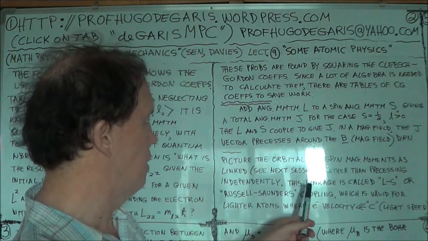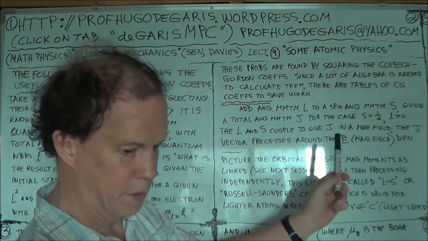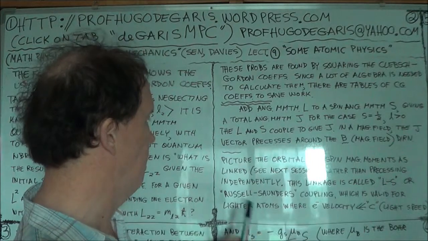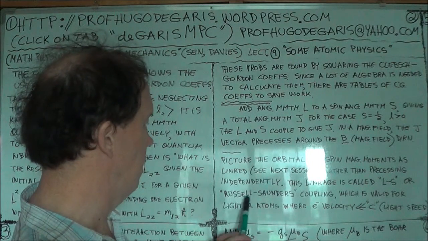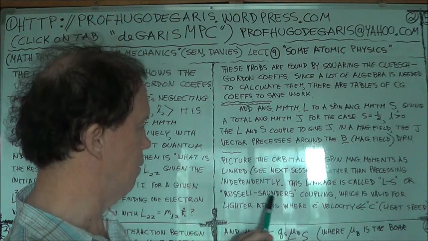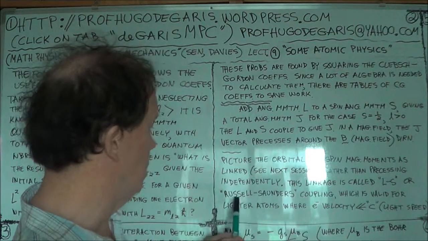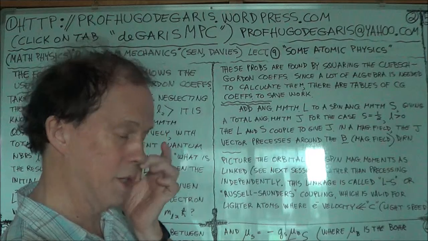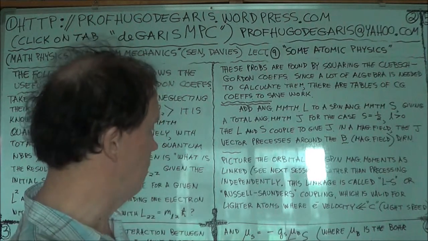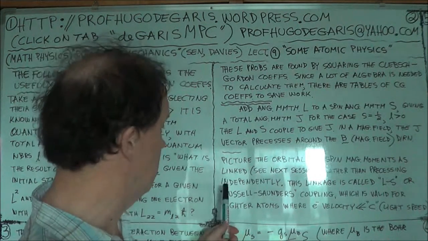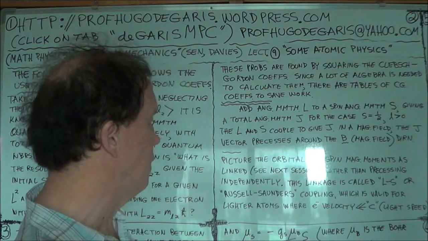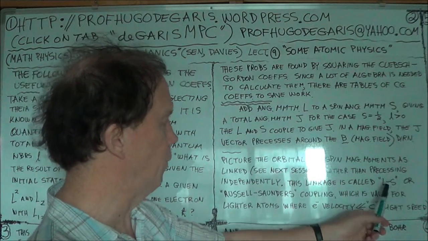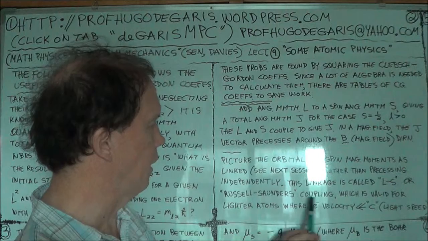And this linkage, this spin-orbit interaction, another name for it, from the people who thought about it originally, is Russell-Saunders coupling.